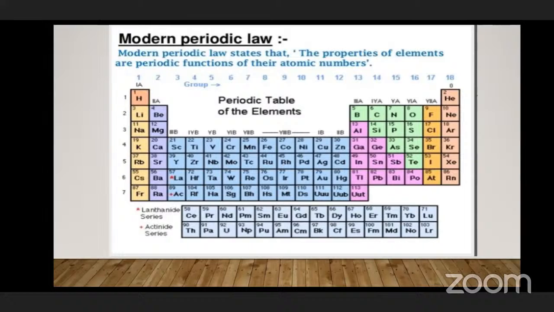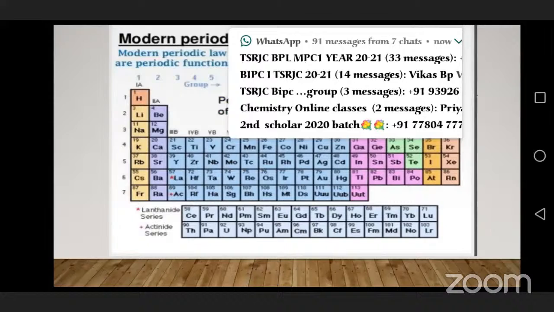In the middle of the periodic table, we have 3B to 2B. And finally, at the bottom of the periodic table, the separate lanthanide series and actinide series are mentioned. Why the Arabic numbers? Why the Roman numbers? Why did this type of differentiation come? What is the meaning of that? We will see these explanations shortly.